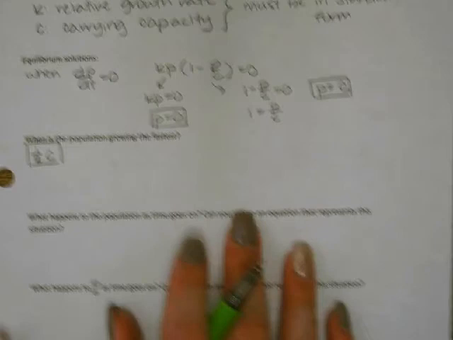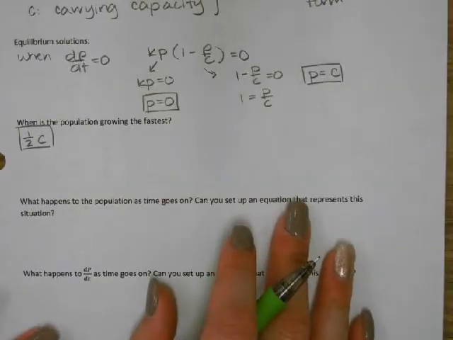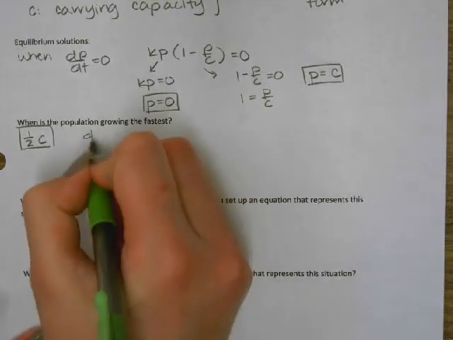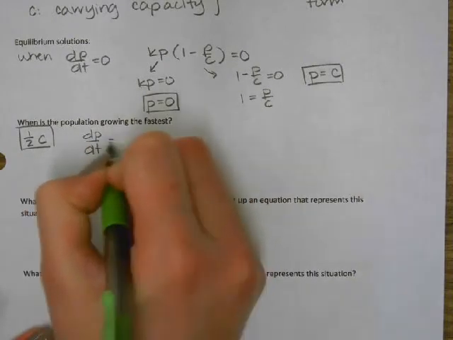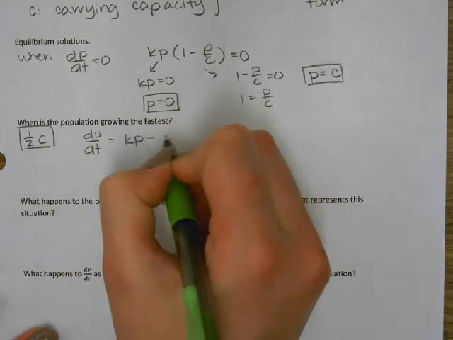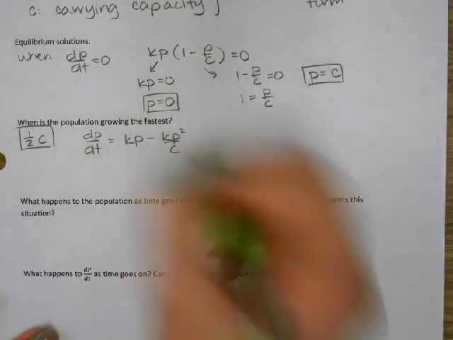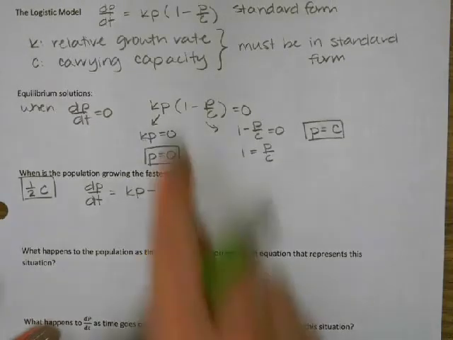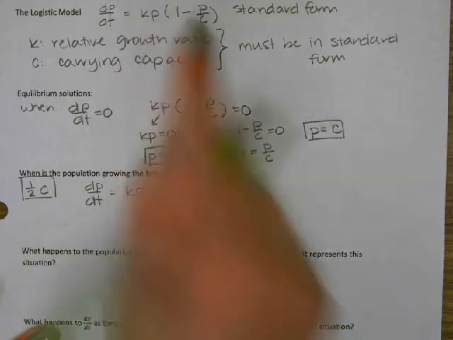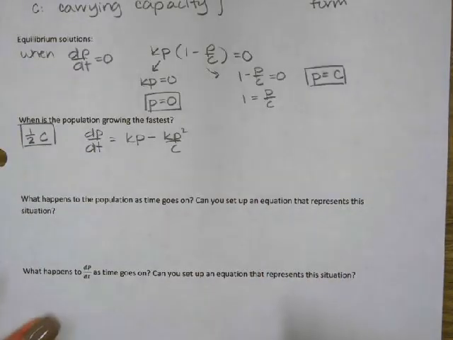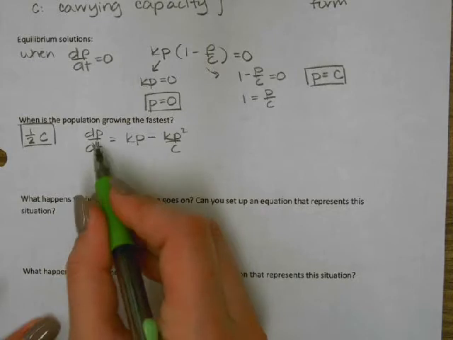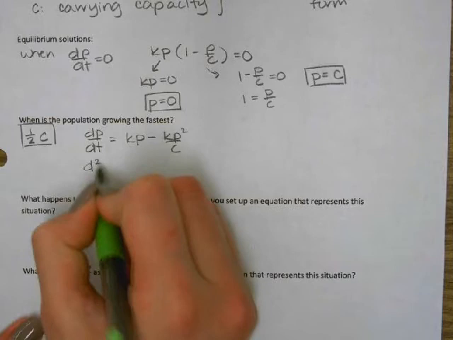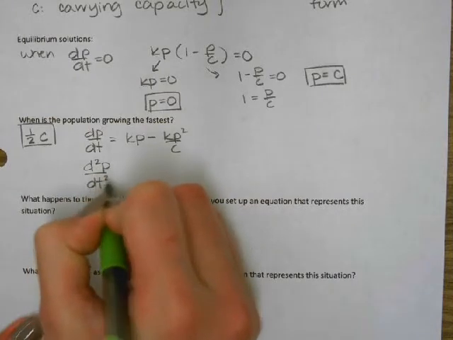You can also solve that using derivatives. So we're going to say that the differential equation is dP/dt equals kP minus kP squared over C. What I did is I took that standard form and distributed the kP. Since I'm looking at the instantaneous growth rate, I want to find the second derivative of this function. So that's going to be d2P/dt squared.